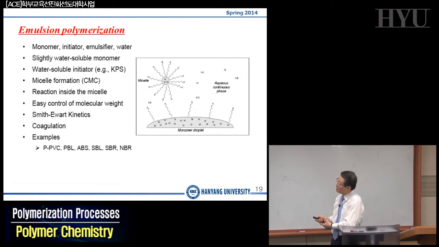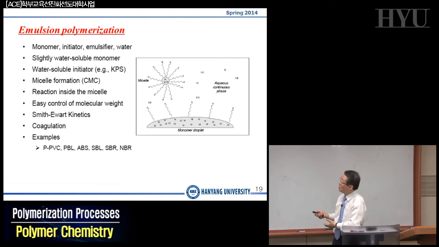A very important thing is that to form the emulsion, you have to have a water-soluble initiator and water-soluble monomer instead of organophilic monomer as in the case of suspensions.